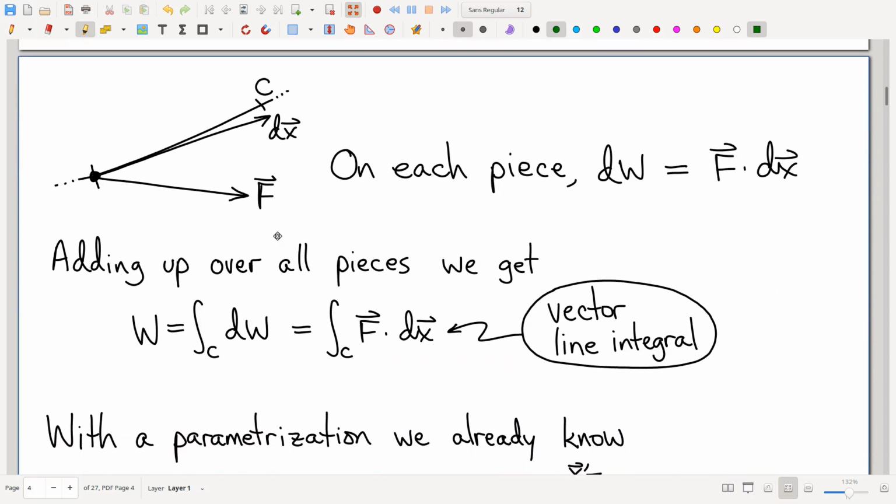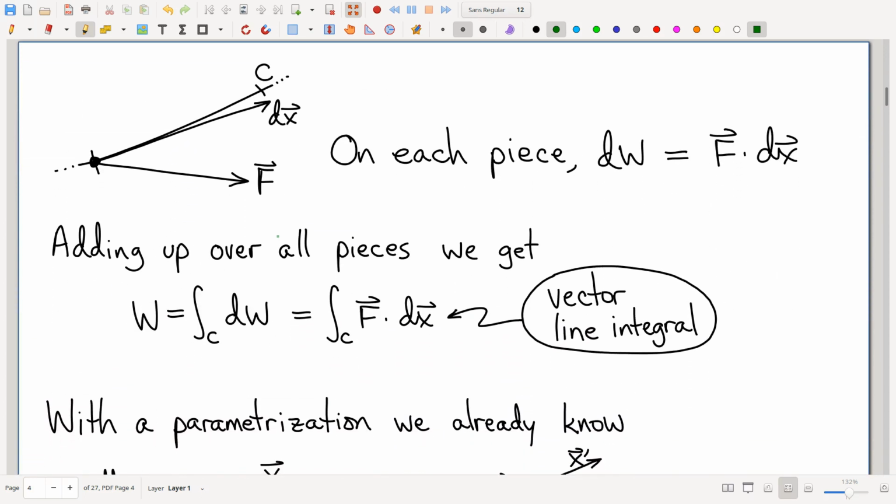And with that said, again, we've talked about how for any given little piece of curve, like that little piece of curve right there, we're just going to write down work as force dot displacement. No big deal. The force is whatever it is, our vector field, roughly constant over that entire piece of curve because it's an itty-bitty, teeny-weeny little short little piece of curve.